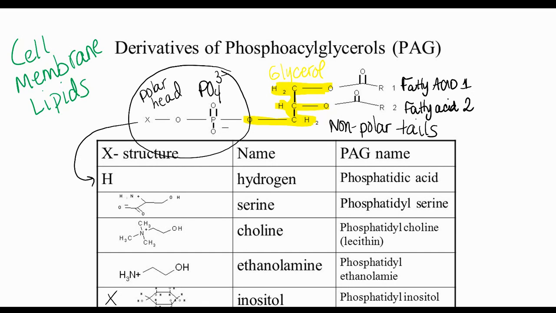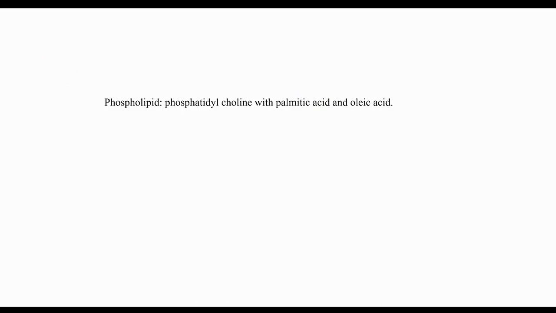Okay, so let's practice drawing one. We're going to do a phospholipid, phosphatidylcholine with palmitic acid and oleic acid. Okay, so we're going to start with our glycerol backbone.